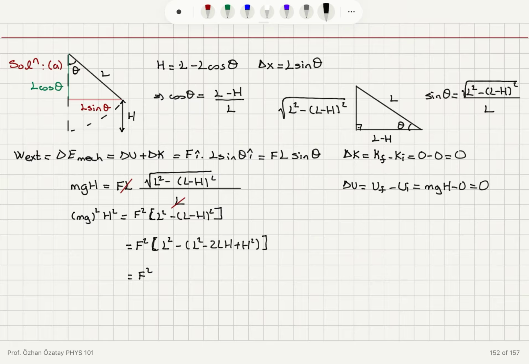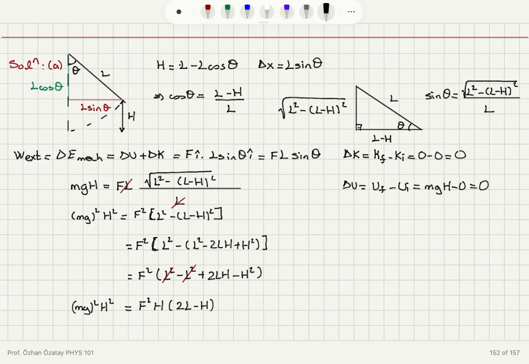If I operate the minus sign, L squared minus L squared plus 2Lh minus h squared, the L squared terms will cancel. So I will find m squared g squared h squared equals F squared h (2L minus h).